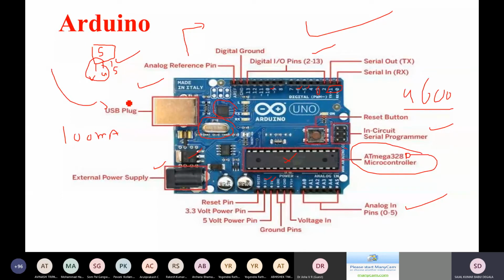If you are using the built-in 5 volts pin or 3.3 volts pin, connect only sensors with a current rating below 100 milliamps. Otherwise, since you are connecting this board to your USB port, your USB port is going to get burned out. So remember that the Arduino can supply only 100 milliamps.